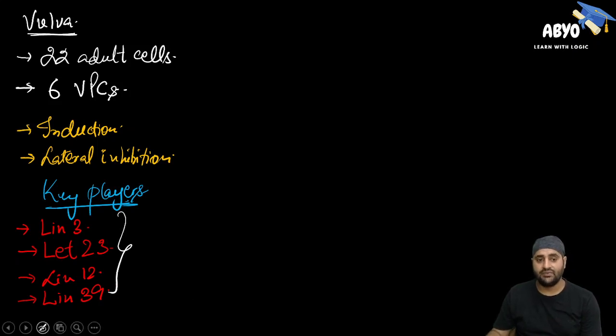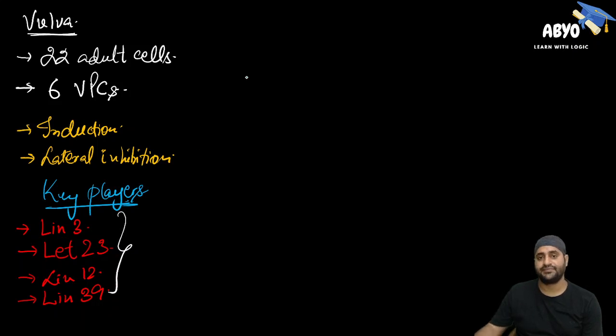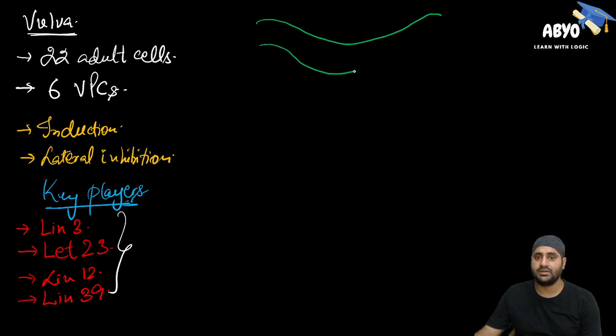But before that, we have to understand the body organization of C. elegans. I will draw a rough sketch just to give you a basic understanding. Let's say I have drawn this region as the anterior region of the body, and this part is the posterior part.